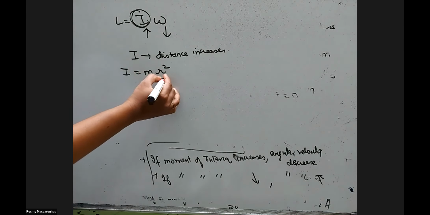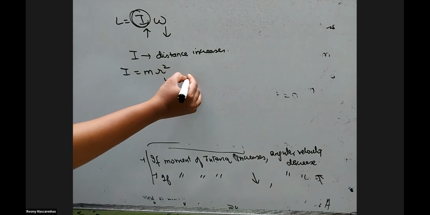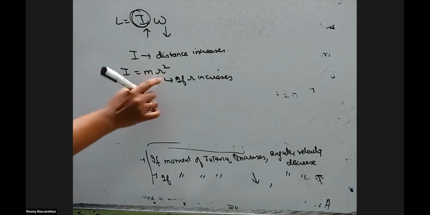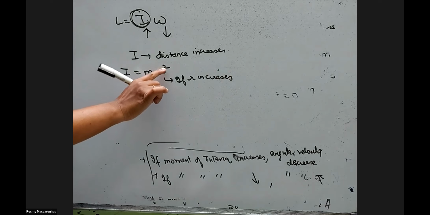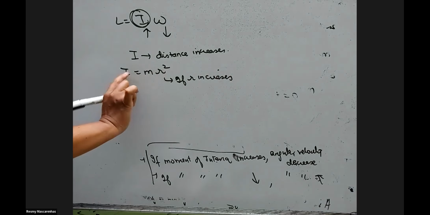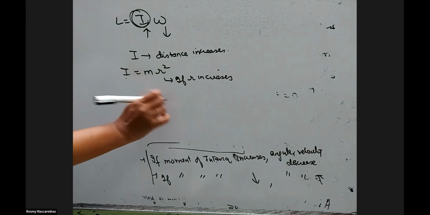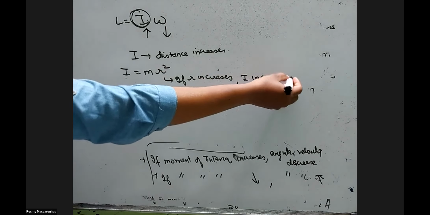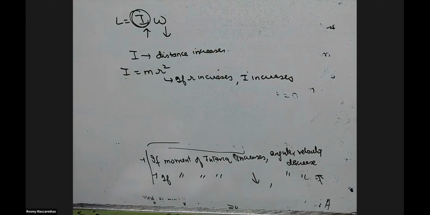Mr square. So if r increases, automatically, if you are increasing this number to 2 square, and then 4 square, obviously I will also increase. Moment of inertia: if distance increases, moment of inertia increases.